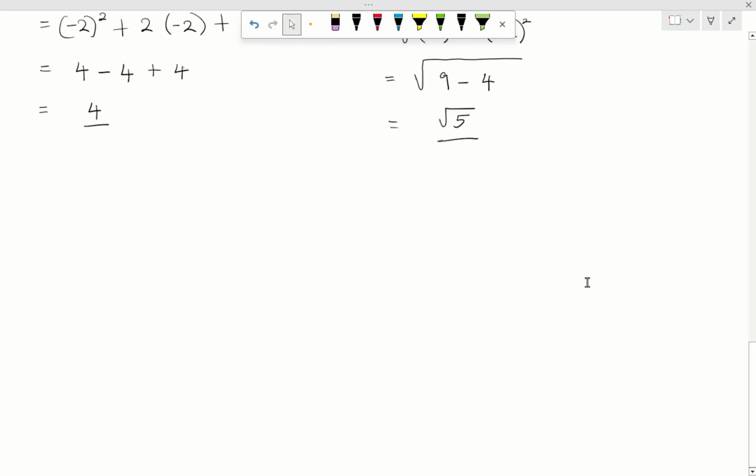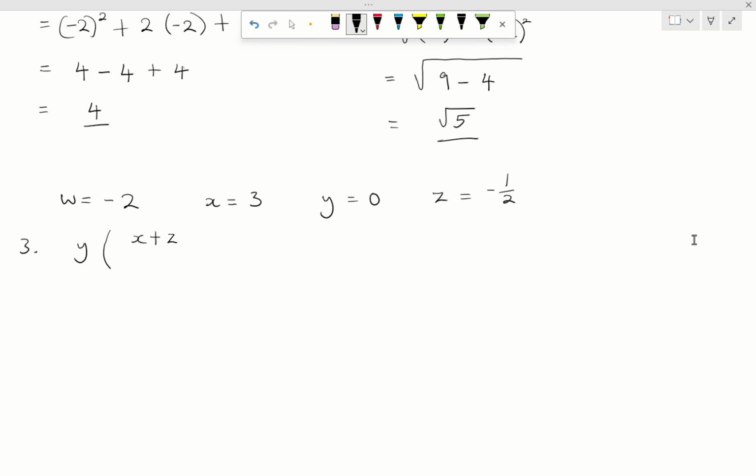Okay, last example. We are given w is equal to -2, x is equal to 3, y is equal to 0, and z is equal to -1/2. So number 3 is y, open bracket, x plus z over w.